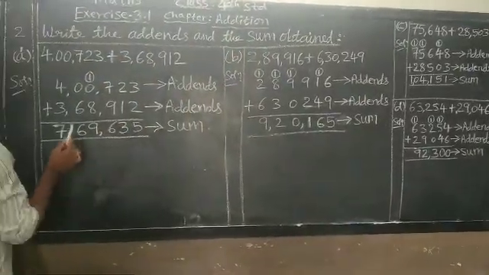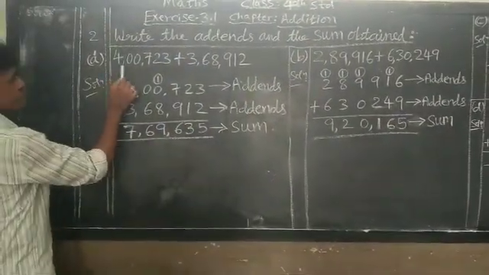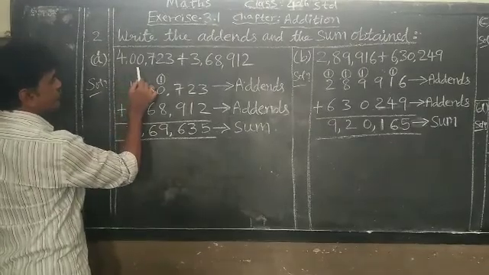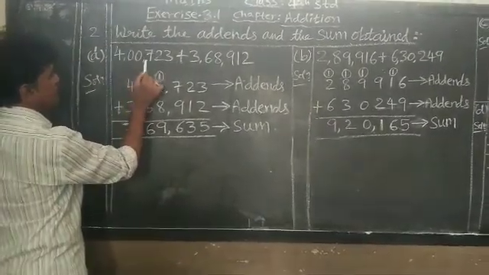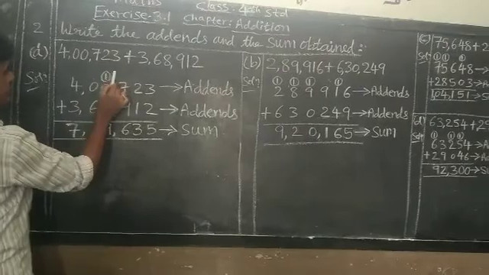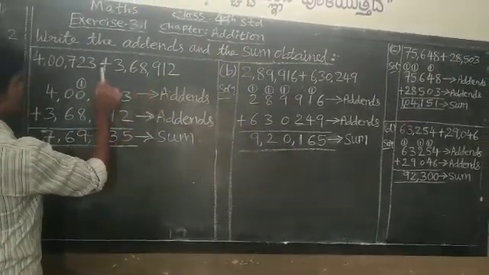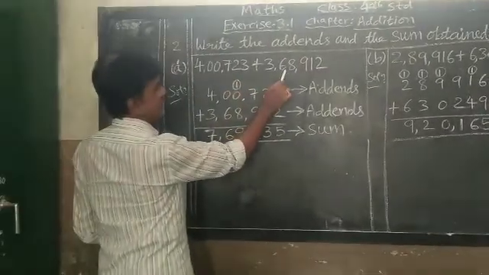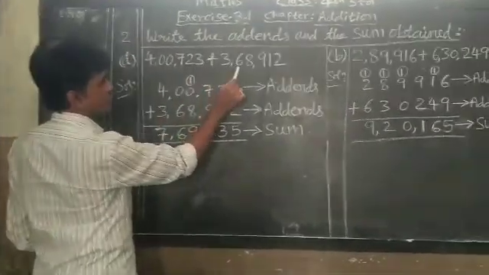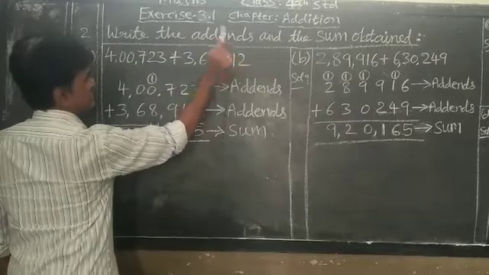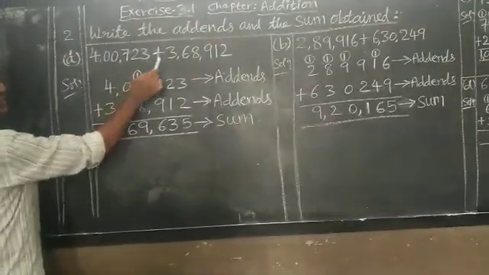Addends means the two numbers which they have given in the question, 4,723 and 3,68,912. These two numbers are called addends.